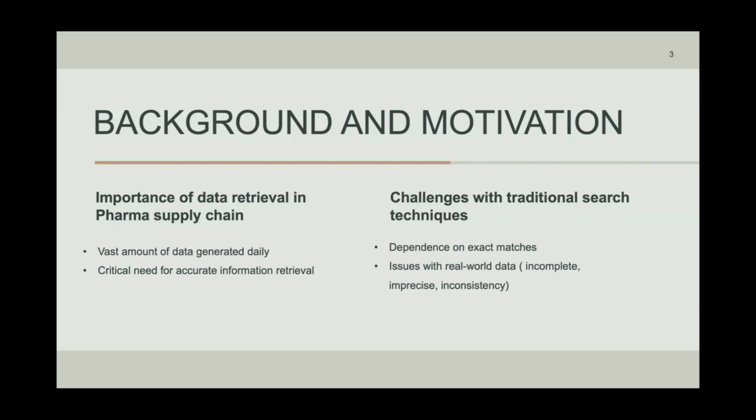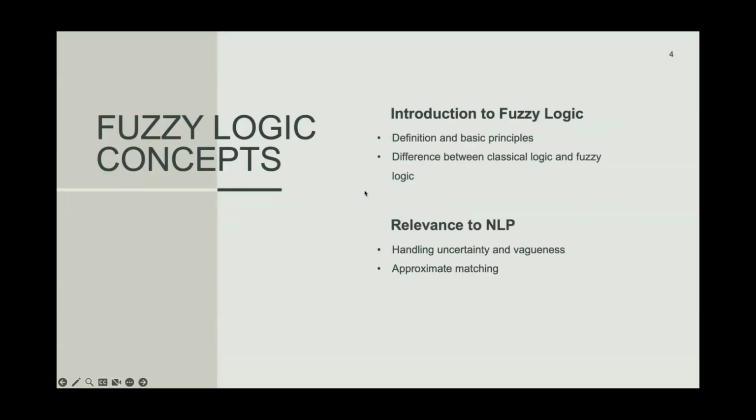For instance, accurate master data management can ensure correct order fulfillment and regulatory compliance, while efficient drug name retrieval based on chemical composition can aid in inventory management and distribution. Before we dive into the use cases, we will first go through some of the basic concepts of fuzzy logic.